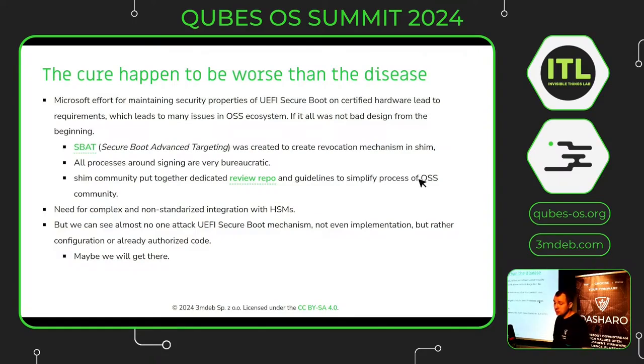So my conclusion here is that almost no one attacked the UEFI implementation or mechanism in the BIOS itself. They attack either something further in the chain, or they just use misconfiguration.